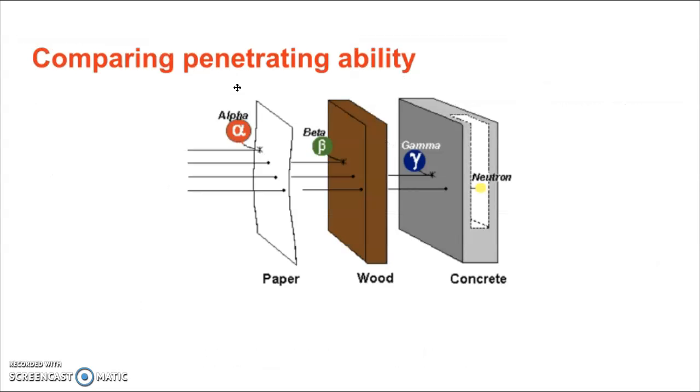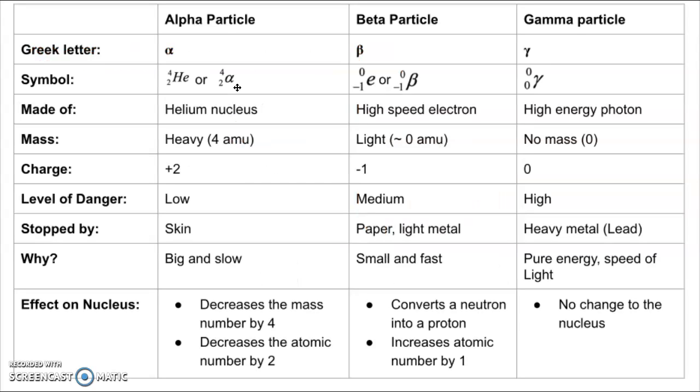All alpha particles are the same as a helium nucleus. There are no electrons in an alpha particle, but it contains 2 protons and 2 neutrons. So helium has 2 protons and 2 neutrons, which means that an alpha particle is the same thing as a helium nucleus.